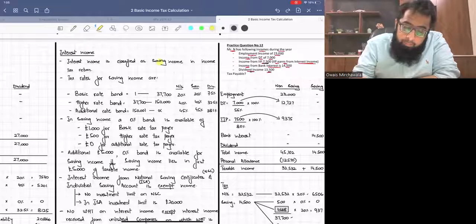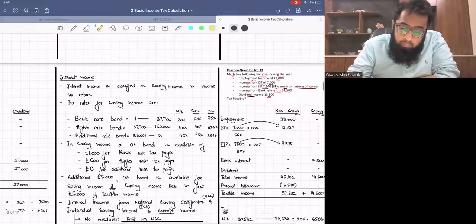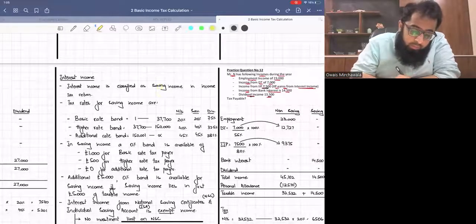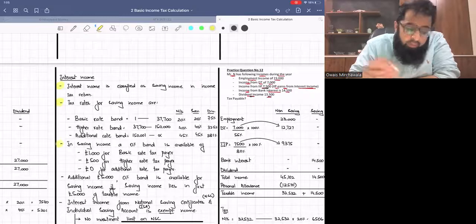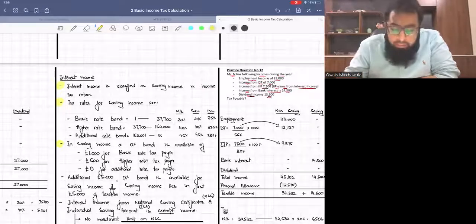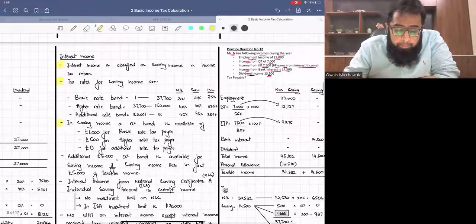So the first point, the second point, and the third point. Now let's move forward.